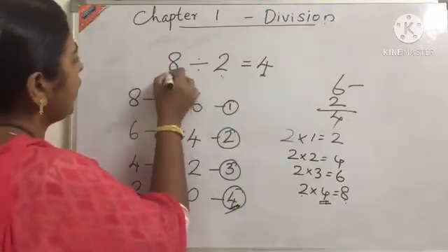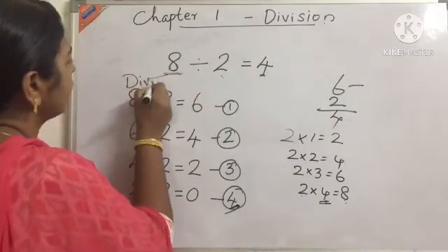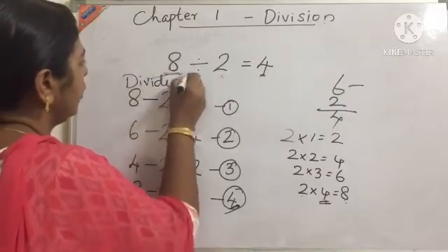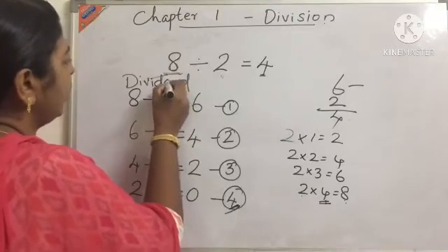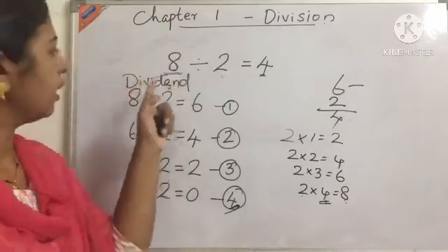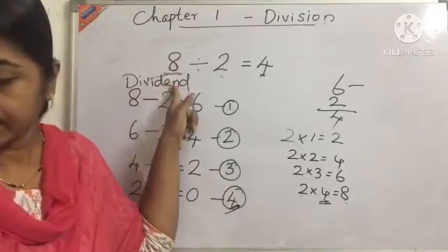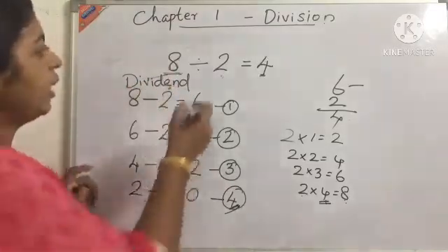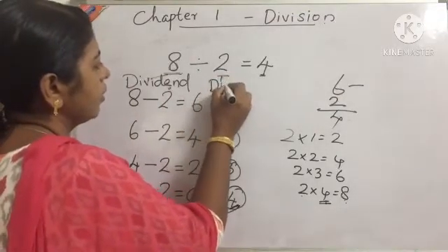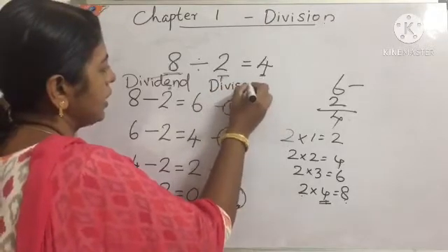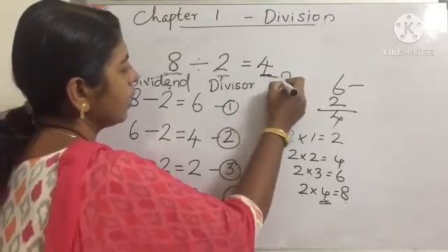The name of 8 is, here I am writing, dividend. D-I-V-I-D-E-N-D. And this 2 is called divisor, and this 4 is called quotient.